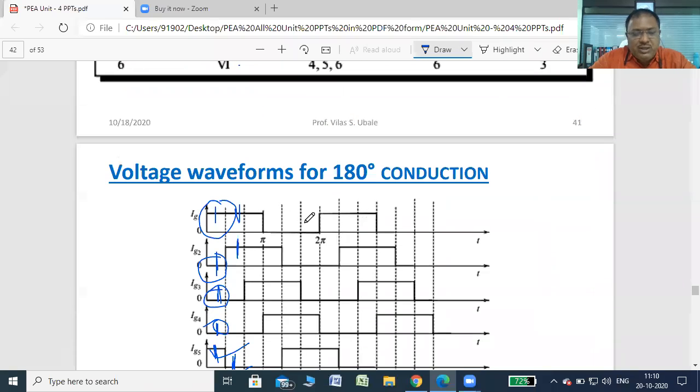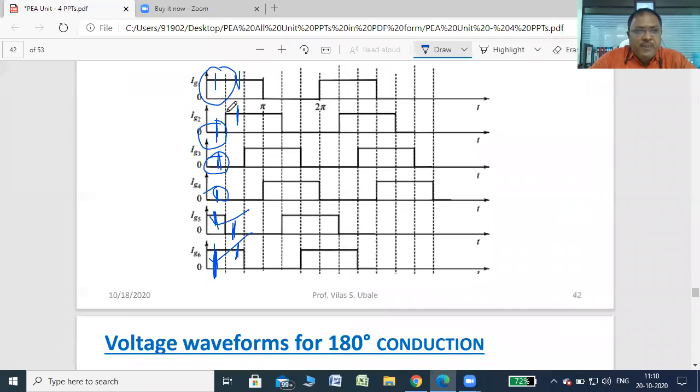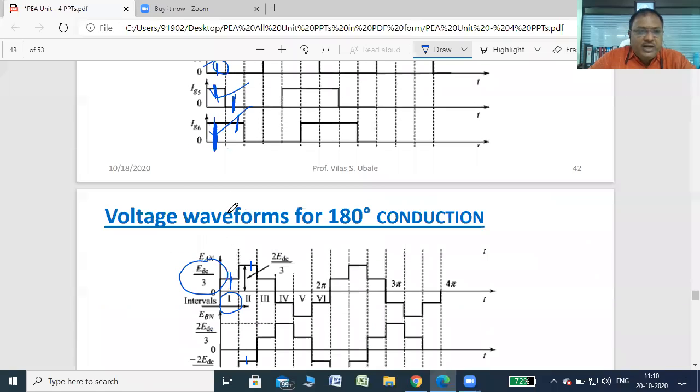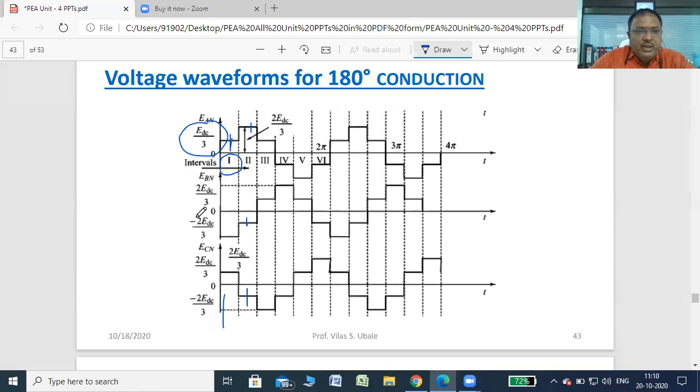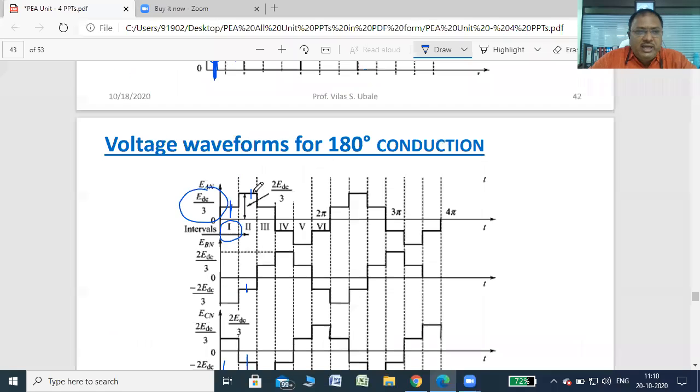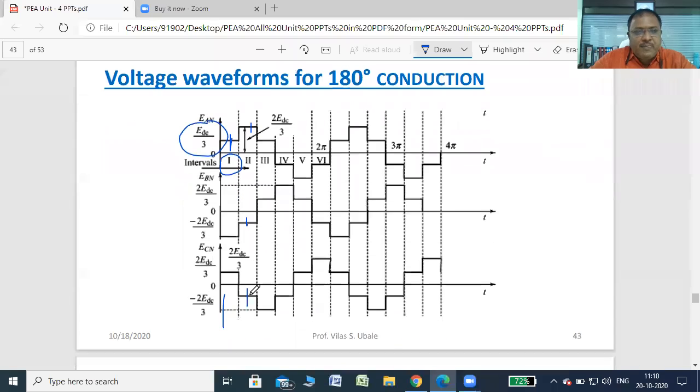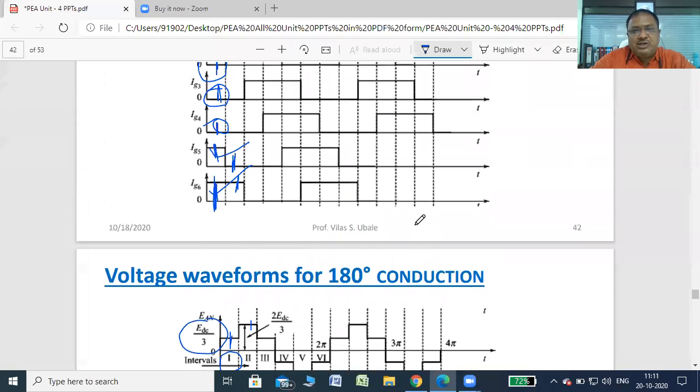I'll explain the levels, but just see interval 1. At that time the voltage EAN is positive, EBN is negative, and ECN is also positive, right? Then in the next interval, EAN is still positive, EBN is still negative, but the voltage level is decreasing, and ECN goes from positive to negative. So these levels change.